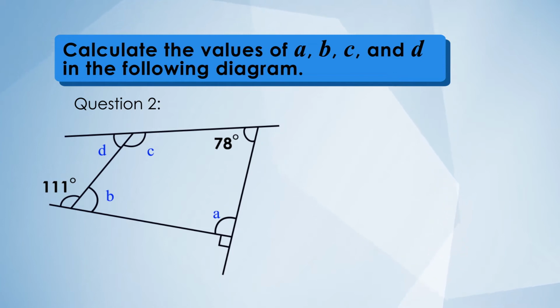The adjacent exterior angle is given for A and B. This makes it easier for us to find the value of A and B, as we know that the sum of an interior angle of a quadrilateral and its adjacent exterior angle is 180 degrees.